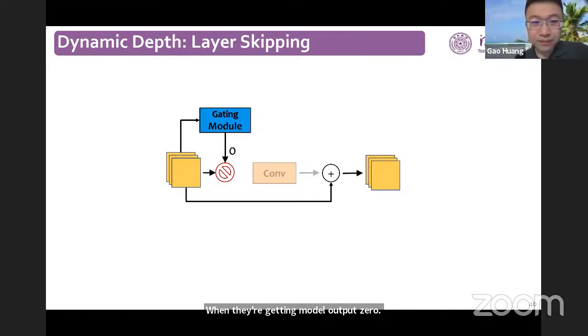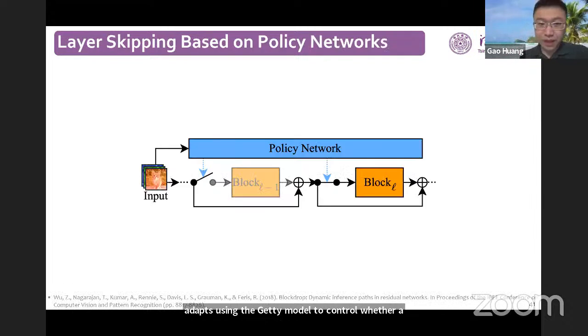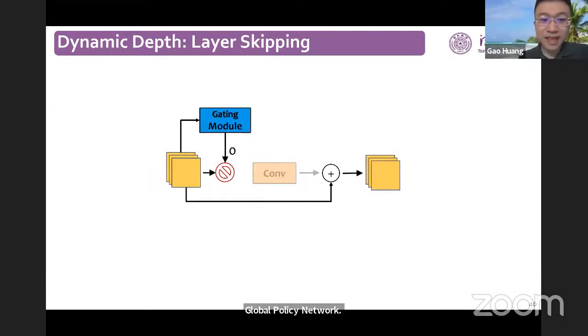So this is one simple idea to achieve dynamic depth, using a gating module to control whether a residue unit will be skipped or not. Another idea is to design a global policy network. In the gating module, the gate only controls the activation of a residue path within one block, one residue unit.